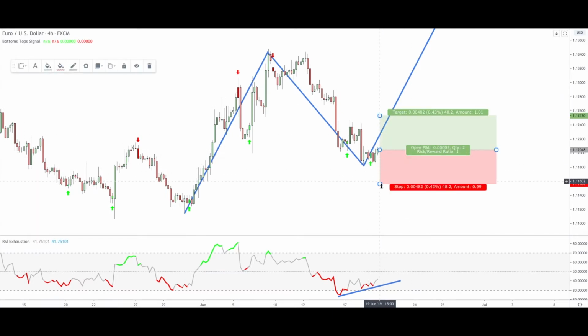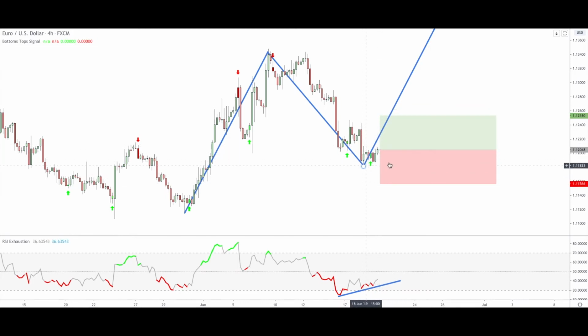I will buy here. Why didn't I place the order before? Well, I was looking for some extra confirmation of this being a bottom. So I just waited. As you can see, you got a bottom here, and then the bottom was confirmed at the close of this candle.